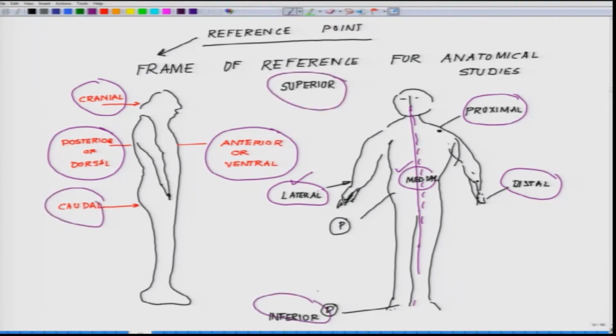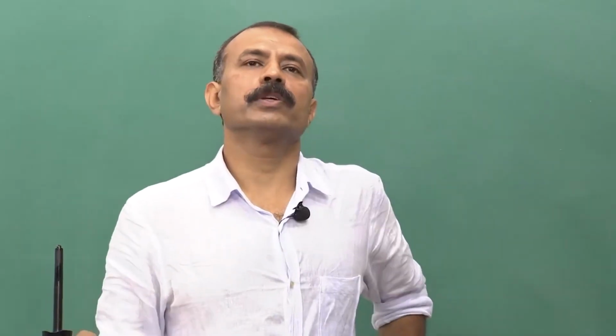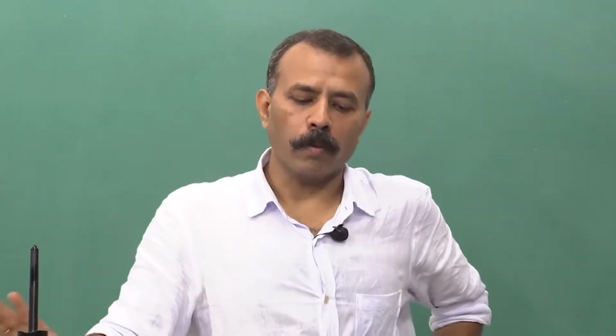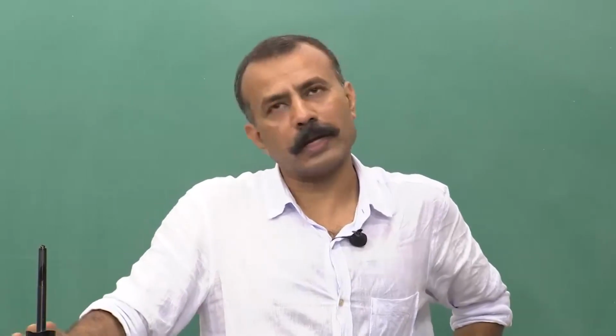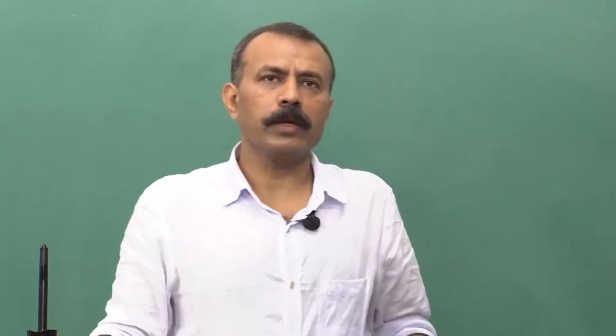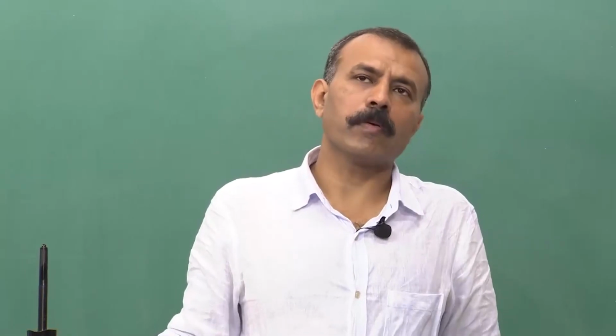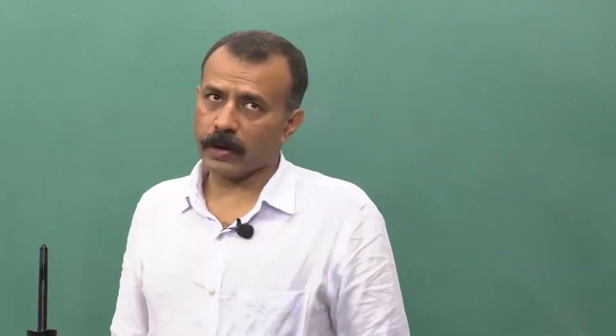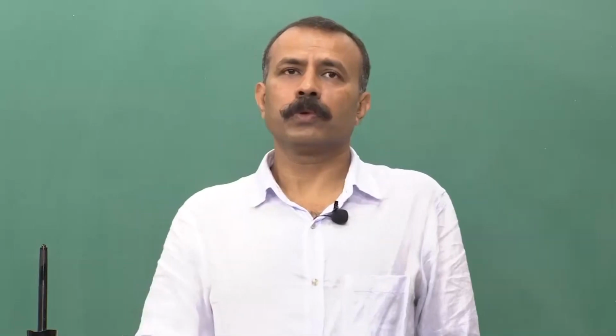So these are a few words of reference point which I wish you to remember for the rest of the course, because that is good enough. We do not need to go into the in-depth detail of medical anatomy, because we don't need that for this course. But as long as you can remember the reference frames, we are good to go. Okay? Thank you.